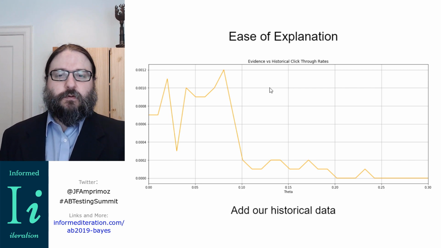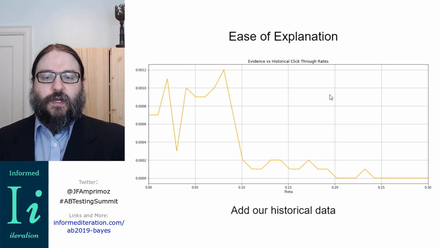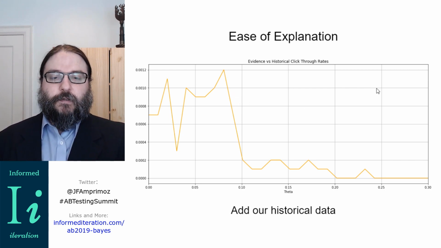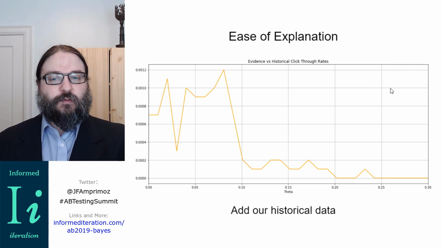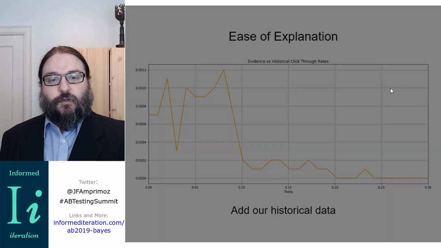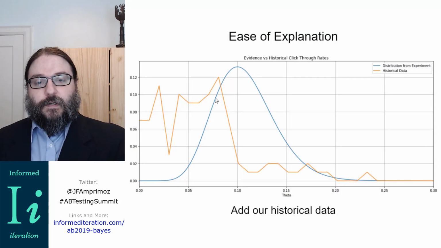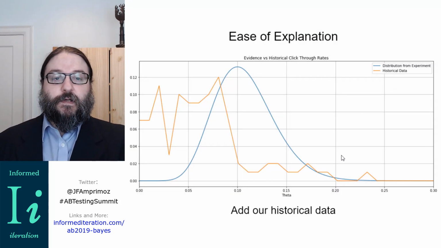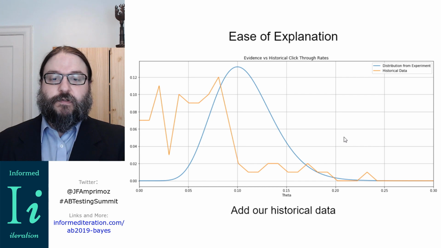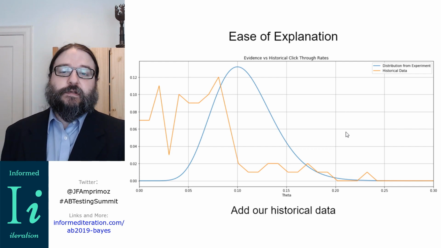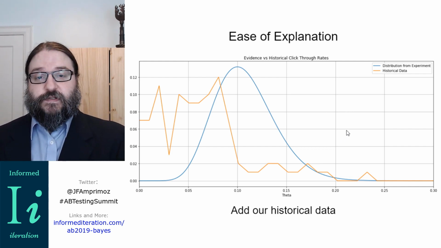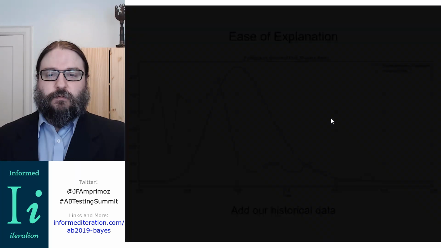So here we've just graphed some kind of fake historical conversion data from old campaigns, old experiments, and then we're going to bring back our experiment result distribution. And the next step from a Bayes perspective is to create a prior distribution from this historical data.